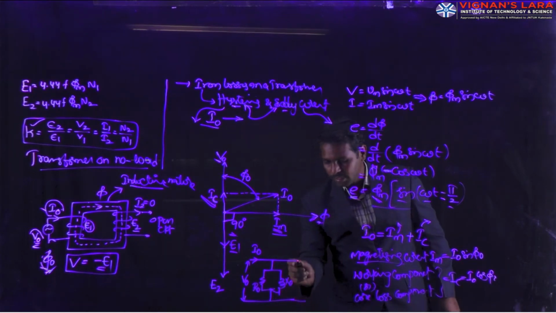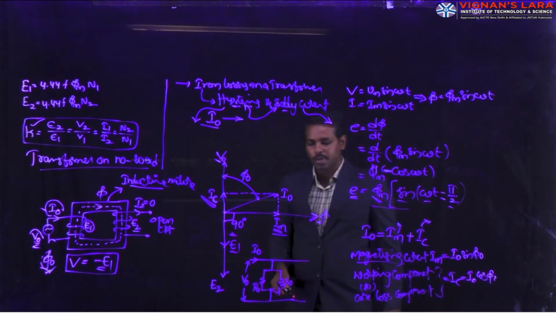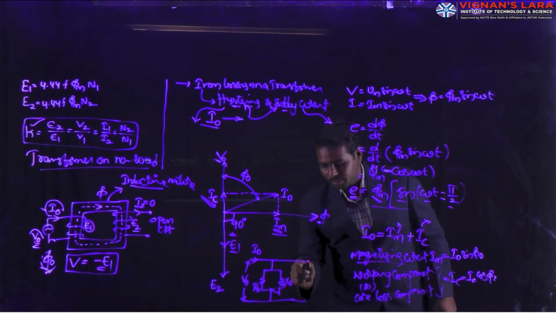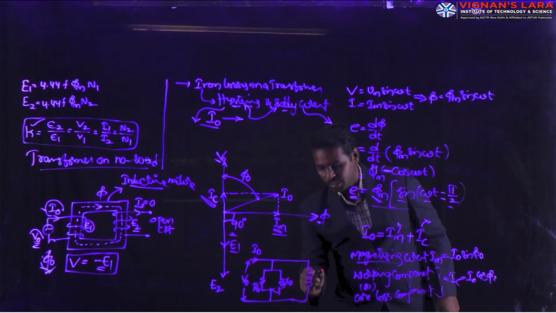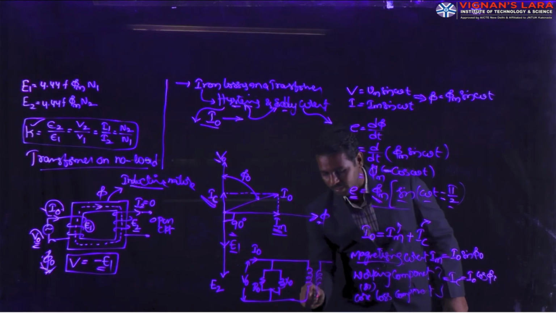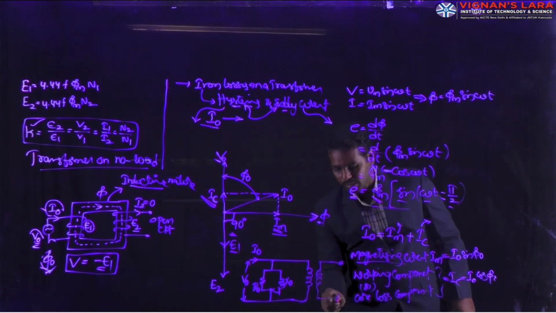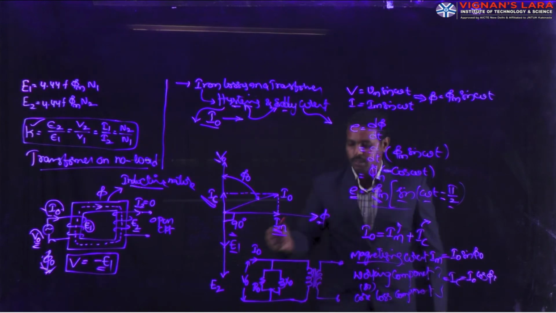The secondary terminals are automatically open circuited, so we have E1 and E2. This is the transformer single line diagram.